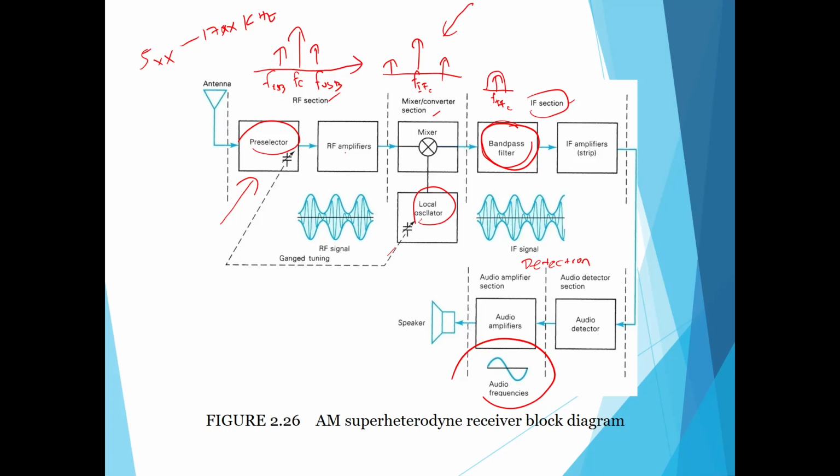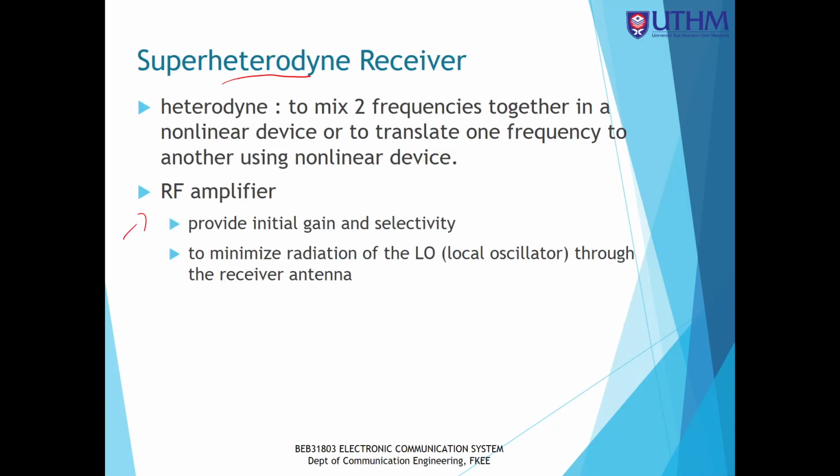Because we're going to insert the same resonant frequency over here, similar with the frequency in the preselector. And then we're going to amplify. The amplifier provides initial gain and selectivity to minimize the radiation of the local oscillator through the receiver antenna.